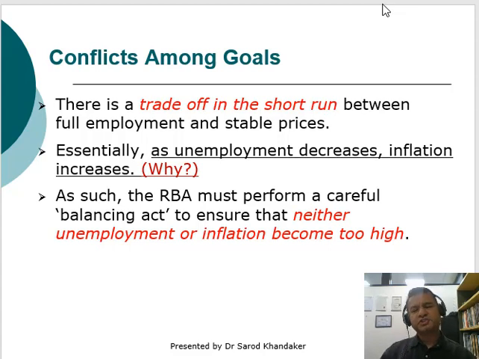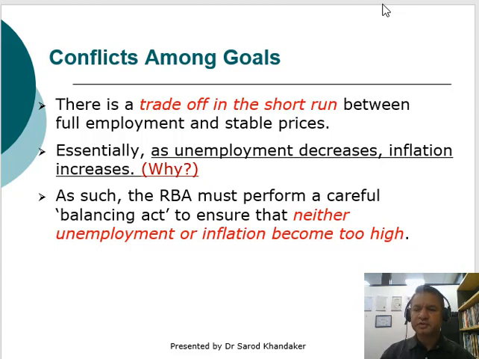There is always a trade-off in the short run between full employment and stable prices, because when there is full employment, the inflation will go up. When the inflation goes up, price stability deteriorates. So the Reserve Bank will try to increase the interest rate, which will bring down the inflation. However, a higher interest rate creates a conflict between price stability and unemployment.